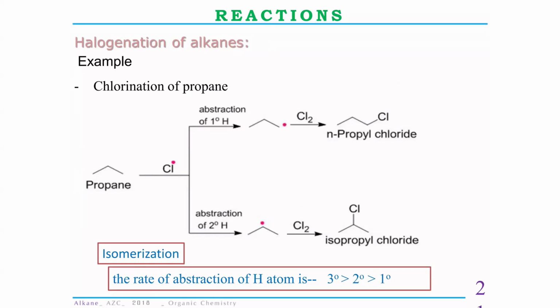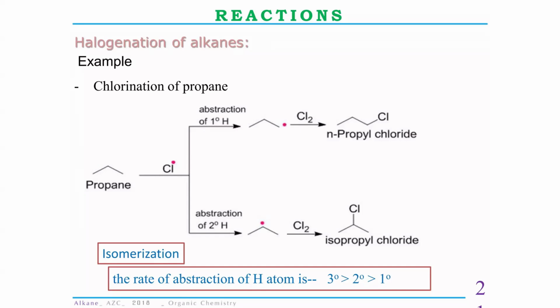At the end, you generate n-propyl chloride, because the chlorine is added at the primary carbon.